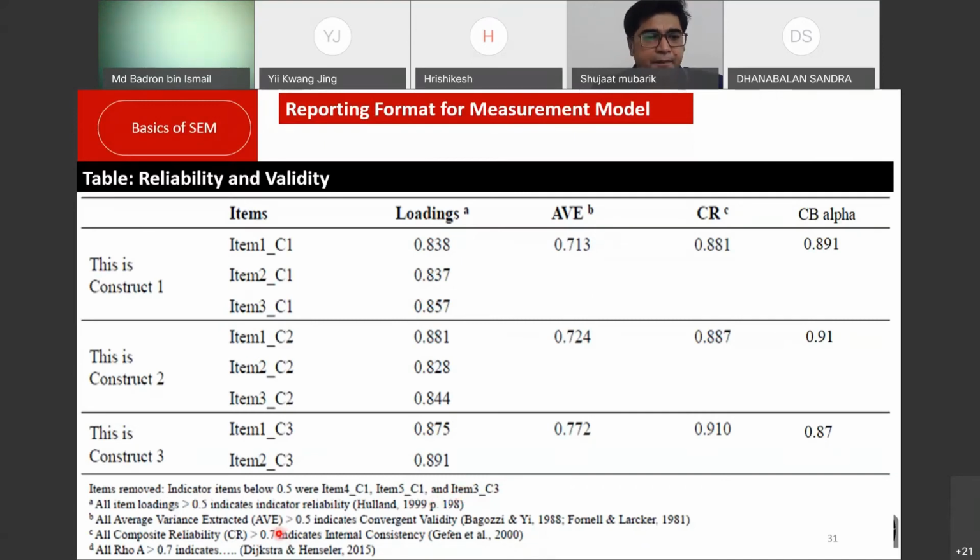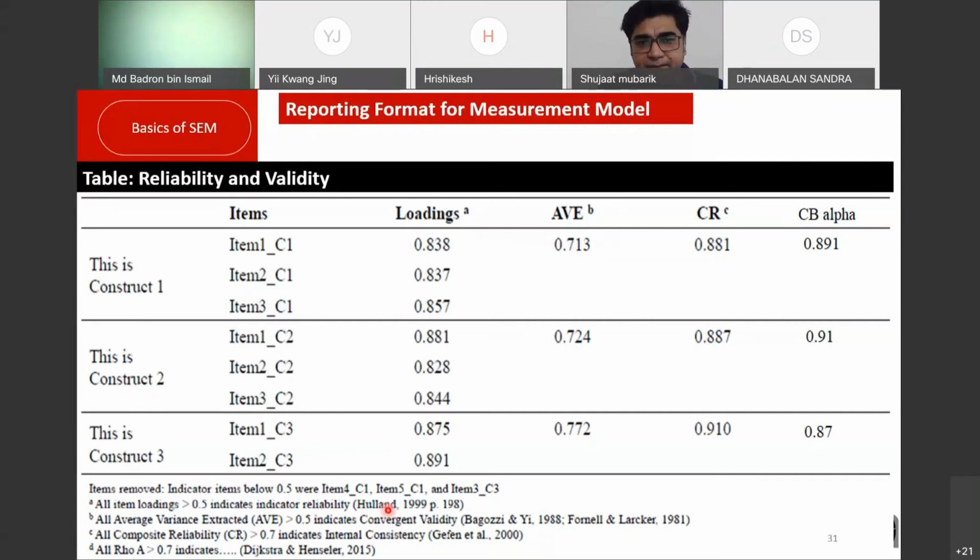Okay, number 1. Number 2, you could see that this is A, and here is the explanation of A, that all the items loading 0.5 indicated. As I earlier told you, there are 2 criteria. One is of Hair, a study of 1999, saying that we should have a loading of 0.5 or more. But a recent study has mentioned that even if the item loading is 0.40 or greater, it's okay.